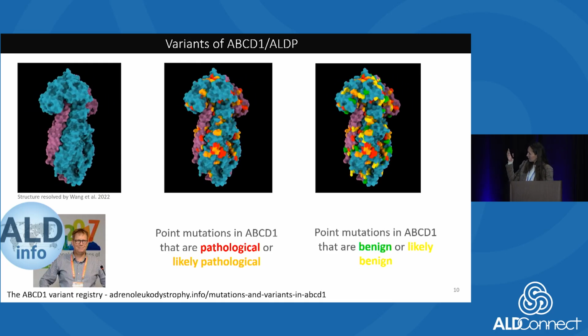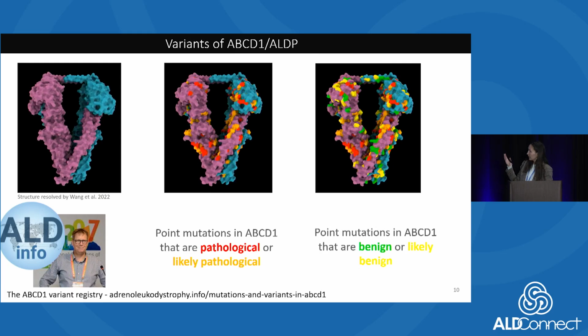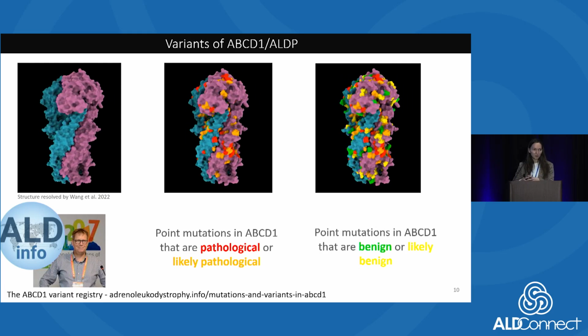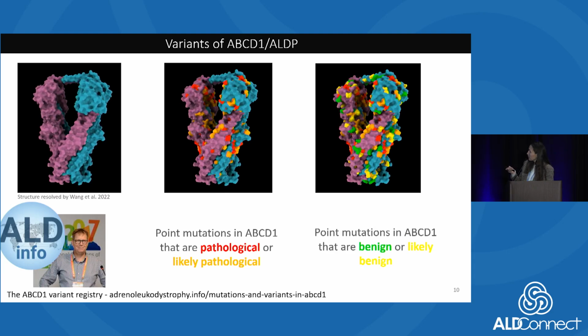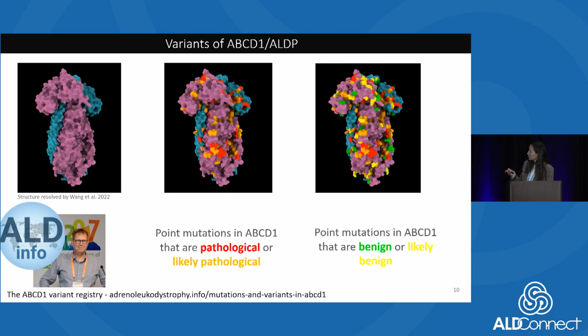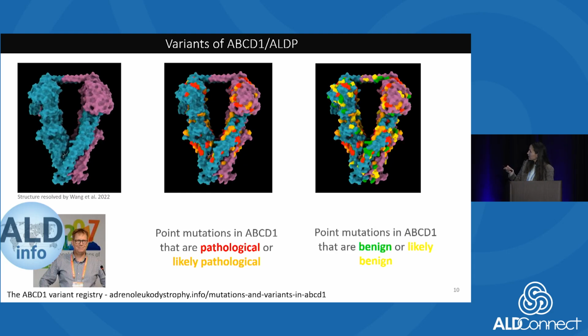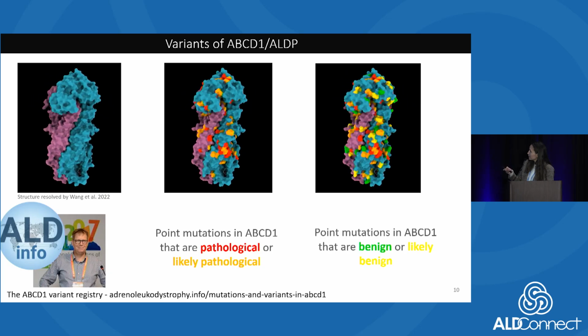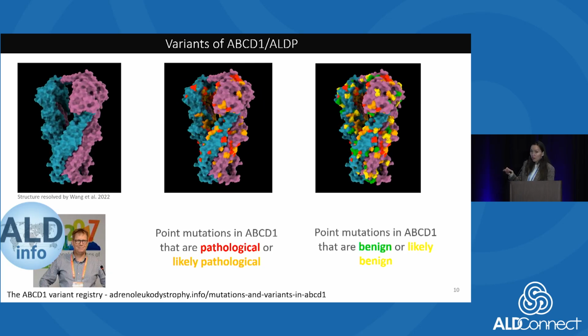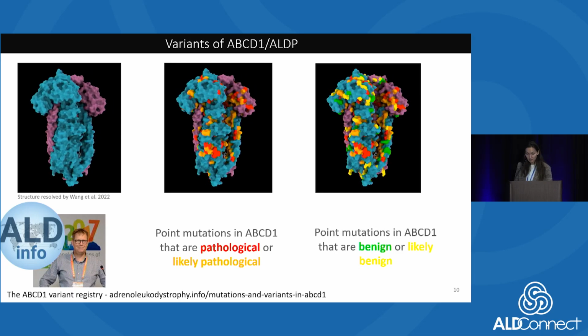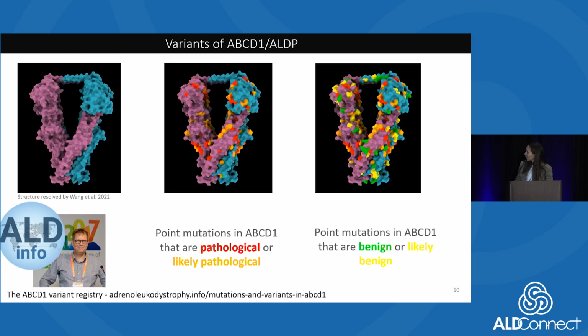So you can see that no portion of this ALD protein is spared, practically all the domains, including the domains that actually bind fatty acids, the transmembrane portion here, the domain that actually does the energy conversion to change the structure. So everything is covered with the variants, the mutations, right?